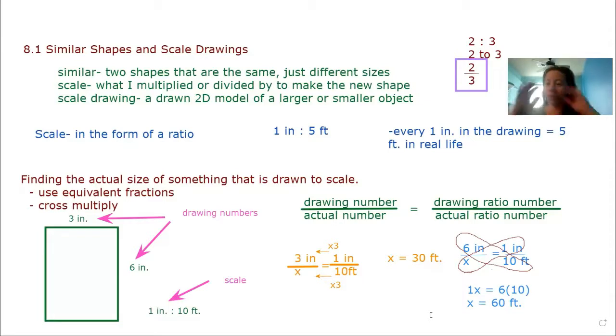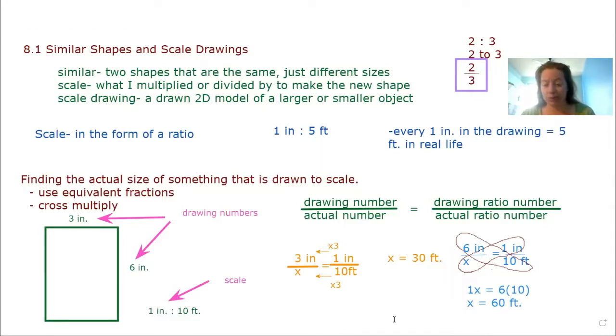Okay? You with me so far? This is all that we're doing with this. The more numbers that they give you every single time you do this, the ratio, the scale never changes. The only thing that changes is they give you the drawing number or they give you the actual number. Now, both of these, I already had the drawing and I needed to find out how big it actually was.